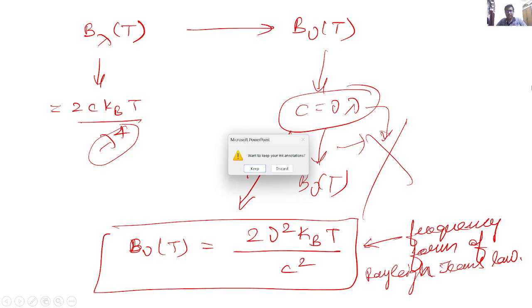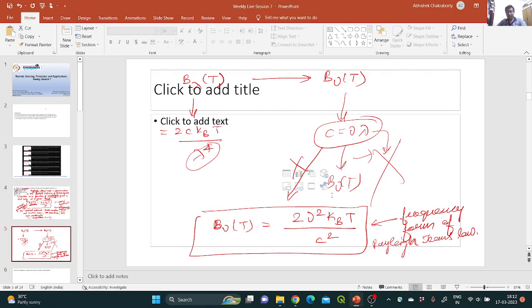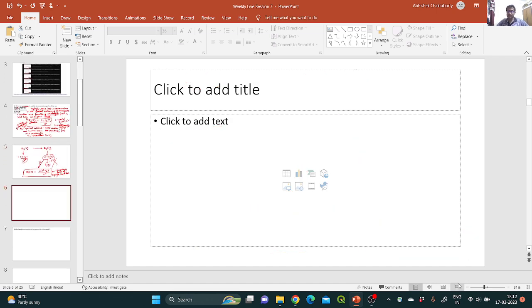Now, I will be coming into the derivation in just a few moments, but before that, the assumptions. Why is it known as an approximation? Why is it not a fundamental law like Planck's law? Because Planck's law can be used everywhere, but not the Rayleigh-Jeans law.